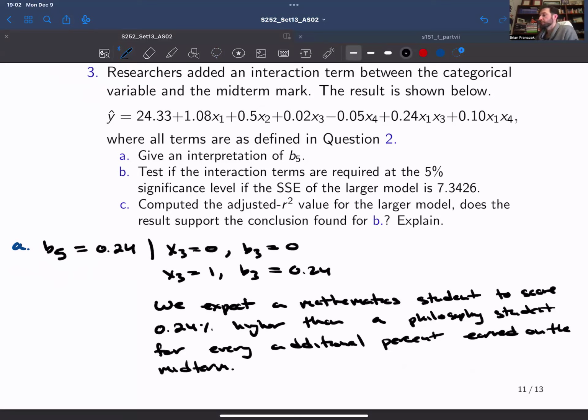So it's sort of the interaction between the quantitative and the qualitative variable is sort of a hybrid between interpreting the slope of that value and just interpreting the qualitative variable directly.